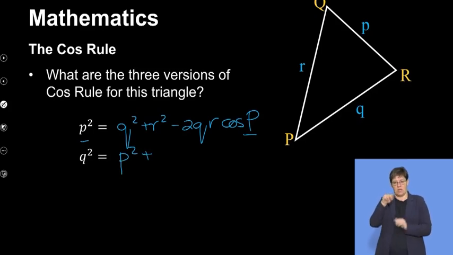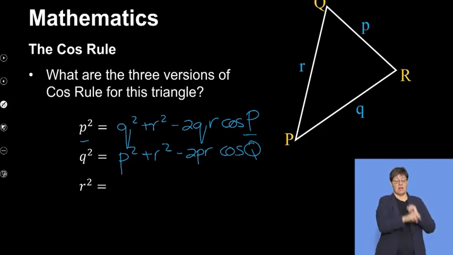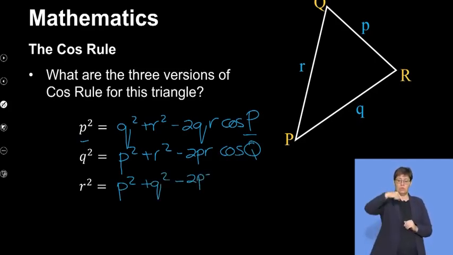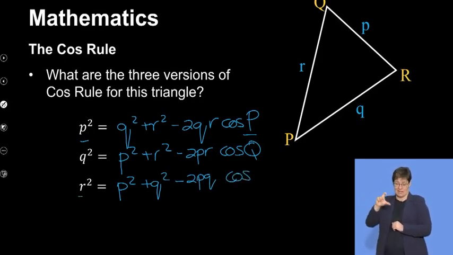So p squared plus r squared minus 2pr cos q. And the last one, r squared. So r squared will equal p squared plus q squared minus 2pq times cos of the angle we began with. We began with r, so we have to end our statement with r.